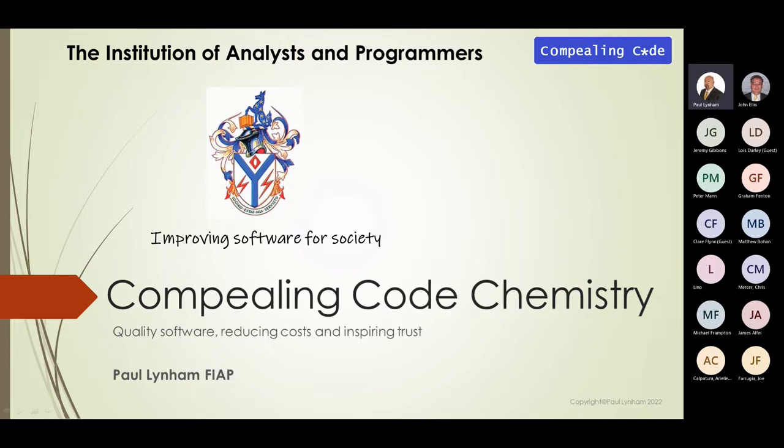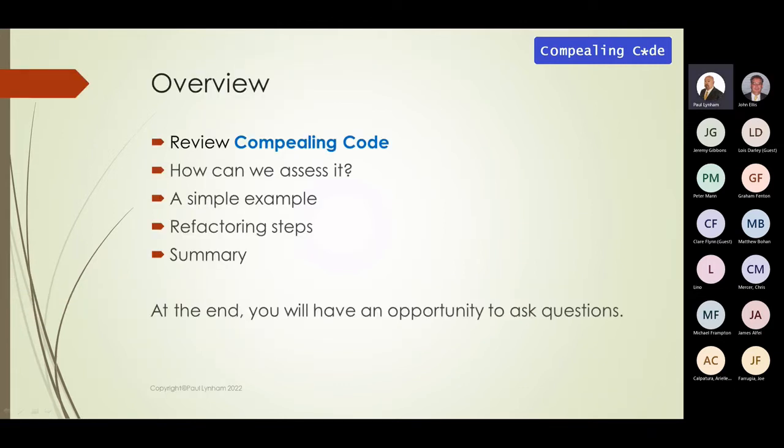And hopefully this afternoon, I'm going to entertain you with a little bit on software quality called Compealing Code Chemistry. So just to give you an overview of what I'll be covering. First of all, I'll do a review on what compealing code is.